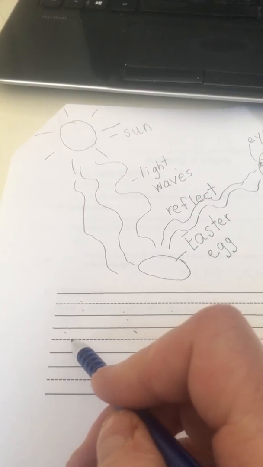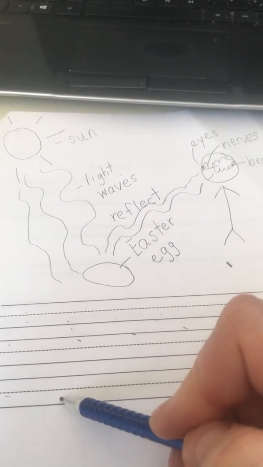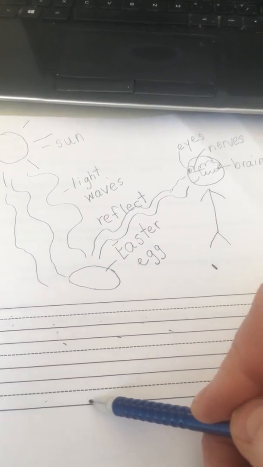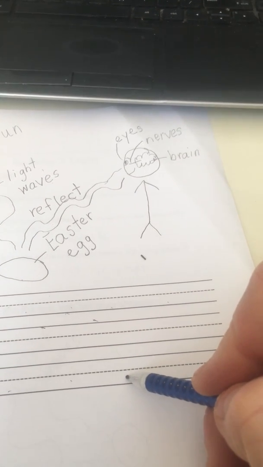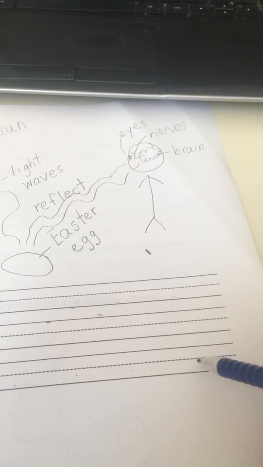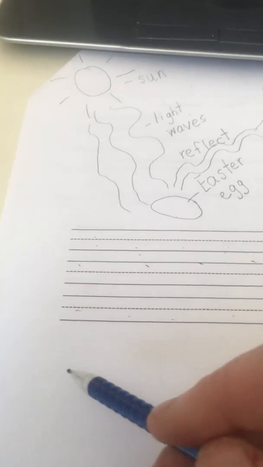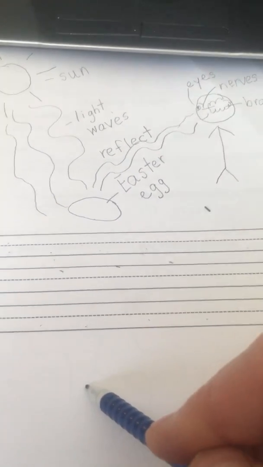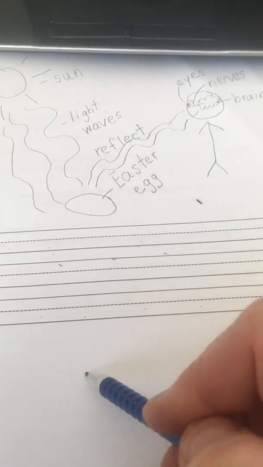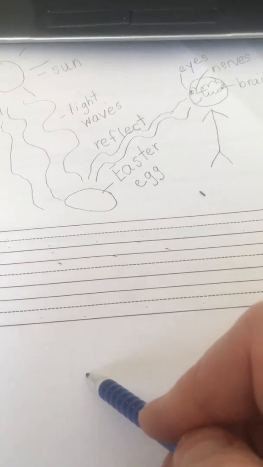So we could say, and go to our eyes, comma, nerves, comma, and if you need more room, you can write down here, and brain. What do I need at the end of my sentence before I run out of breath?